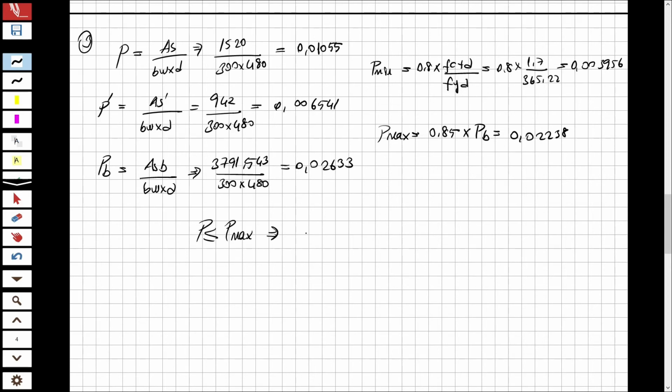What is row? 0.01055 is smaller than 0.02238. So it is under reinforced. Now we have also made the comparison. Now the third part is also solved.